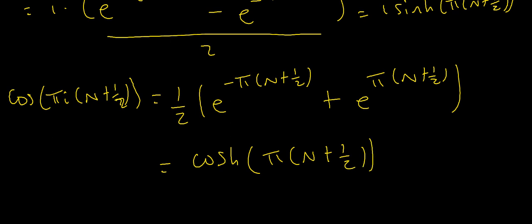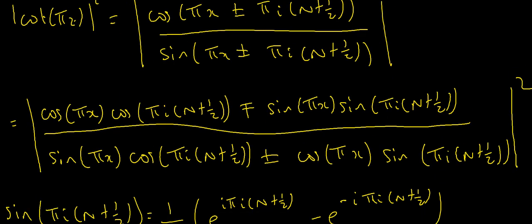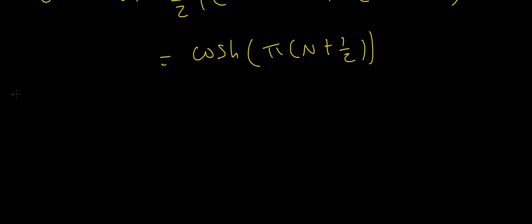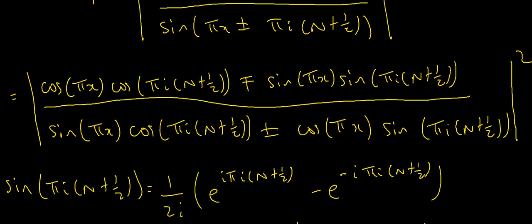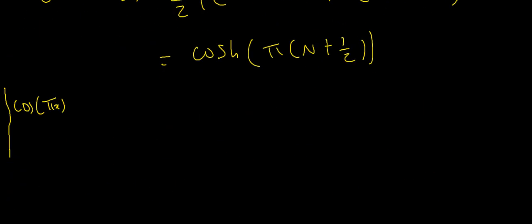So I can rewrite this whole mess here in terms of something which is perhaps a slightly nicer mess. This is going to be equal to the modulus of cosine of pi x times, what have I got for the next term? Cos of pi i times n plus a half, which in this case is cosh of pi times n plus a half.